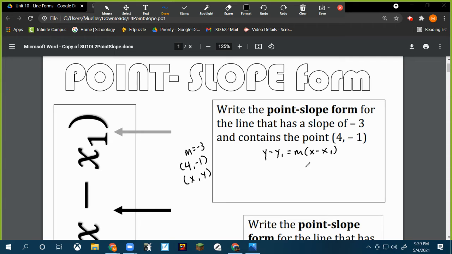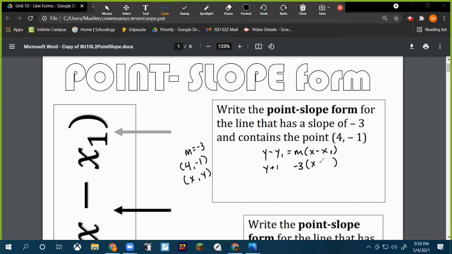Okay, let's put our slope in first. Our slope is m, and that's -3. We can keep the y, we can keep the x. We want to know what's the opposite of the y coordinate, and the y coordinate is -1. So what's the opposite of -1? Well, that's +1. And then what's the opposite of the x coordinate?